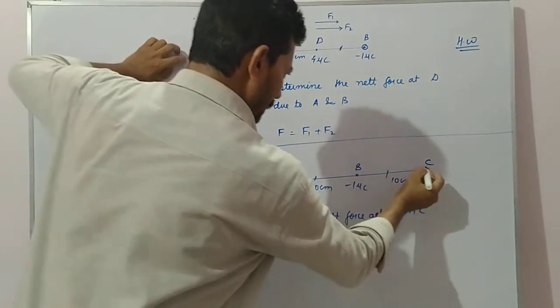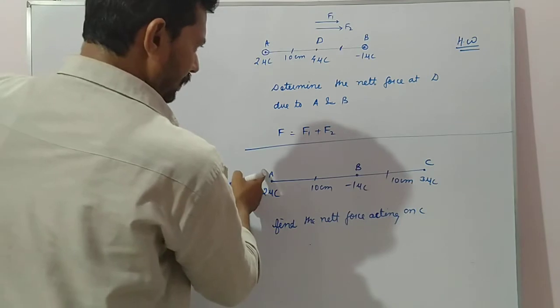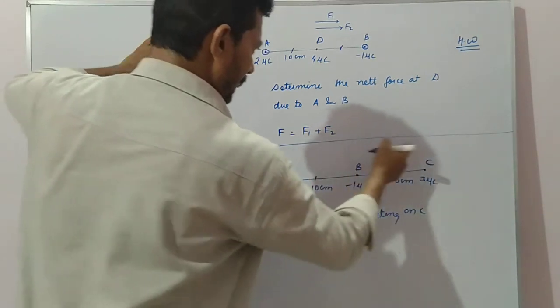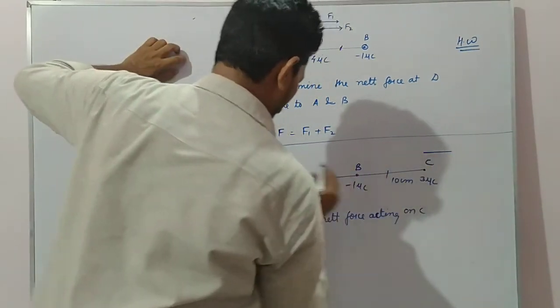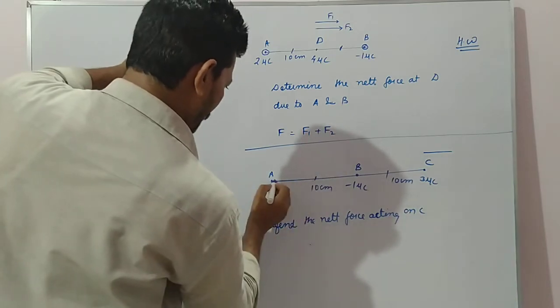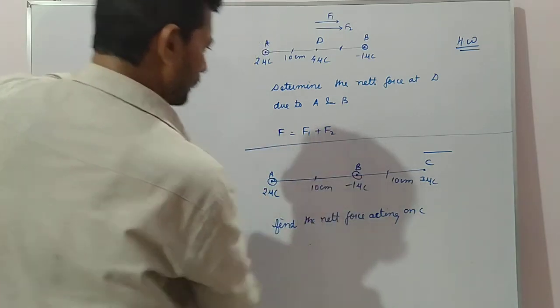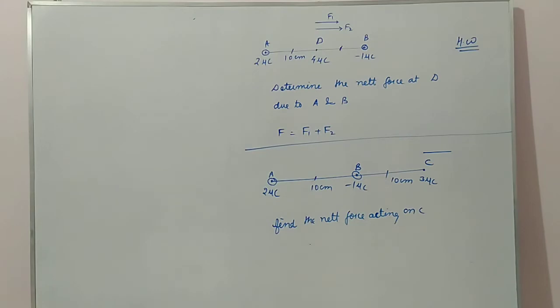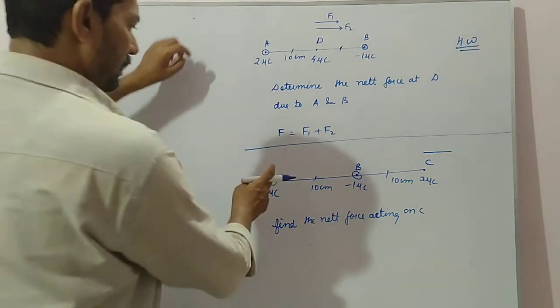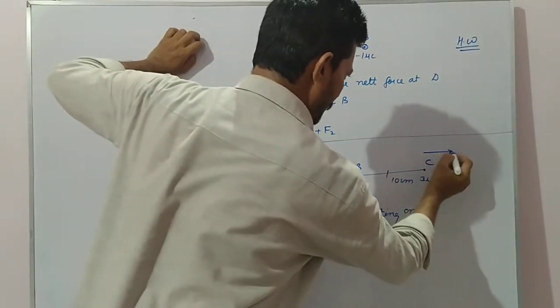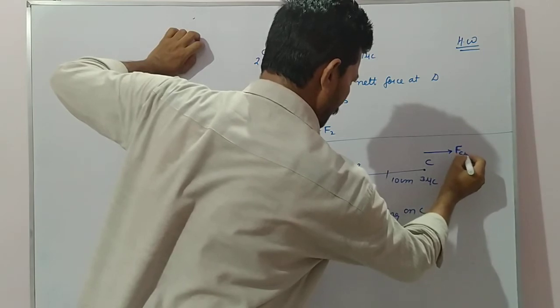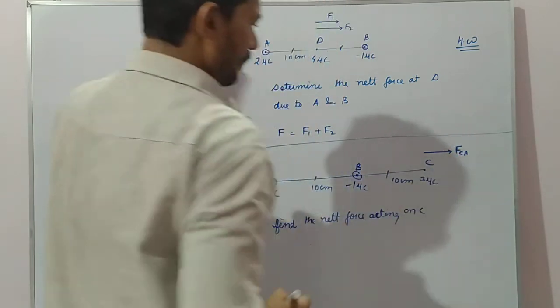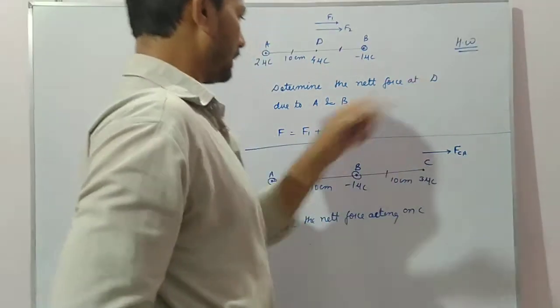So here we have to find the net force acting on C. Due to A, there will be what? Repulsive force between A and C. So first of all, we have to find the net force acting on C. That means what? We will tie these two, A and B, so that the A and B charges are unable to move. Now there is repulsive force between A and C. So I am just indicating the force acting on C due to A along this direction.